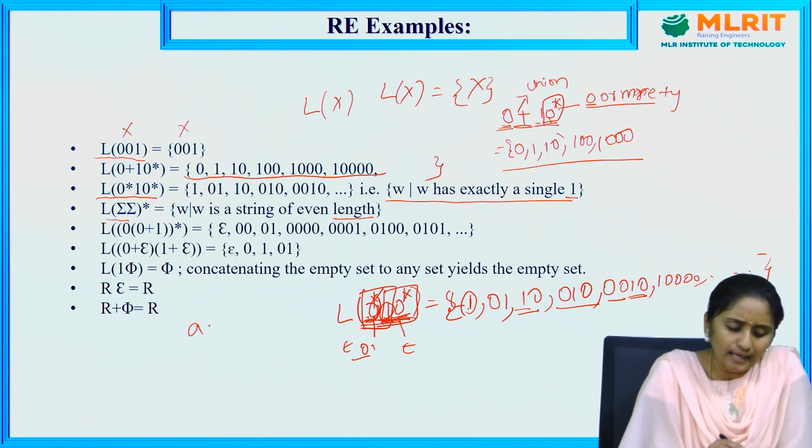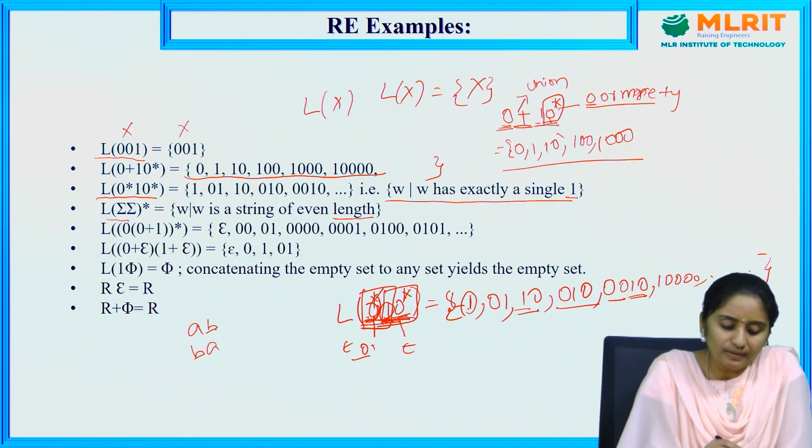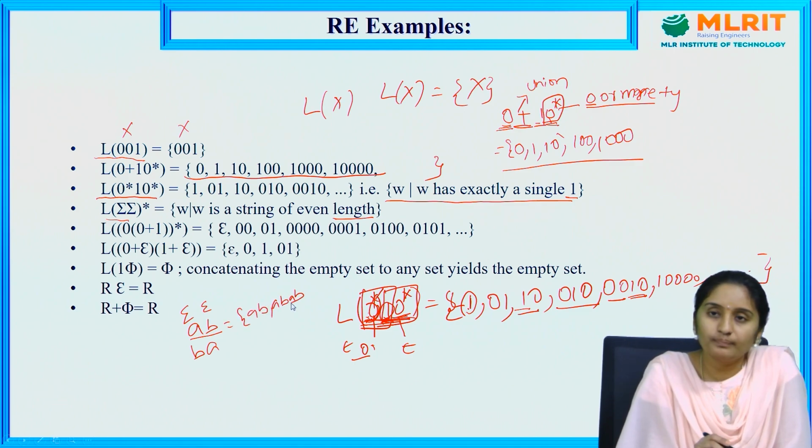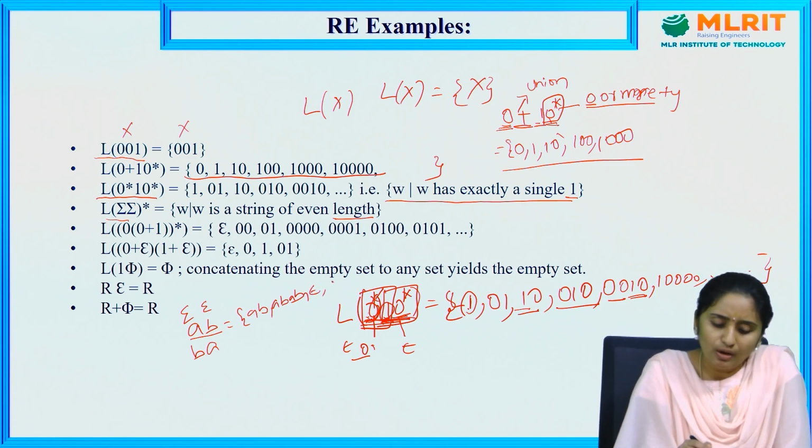If I take A, B, or B, A, whole star, where the first sigma is pointing to A and the second sigma to B, I can have AB, AB AB, or also epsilon. Star is nothing but 0 or more times.